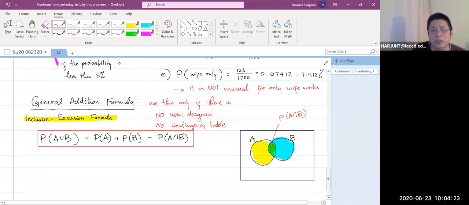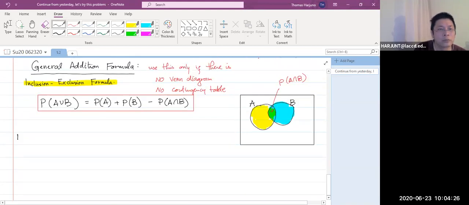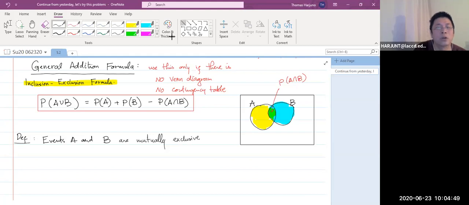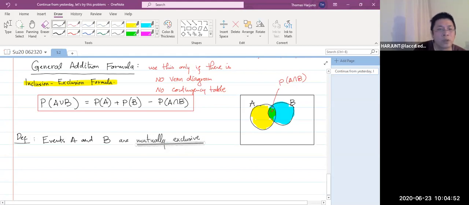Now, some terminology definitions. Events A and B are mutually exclusive if they are disjoint.